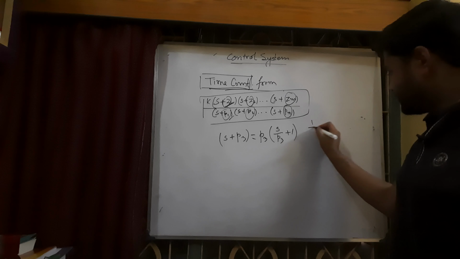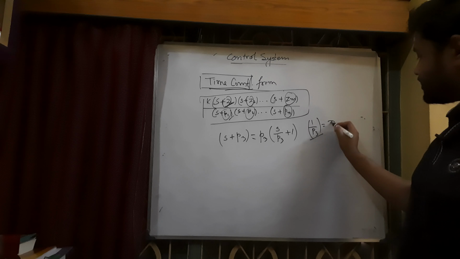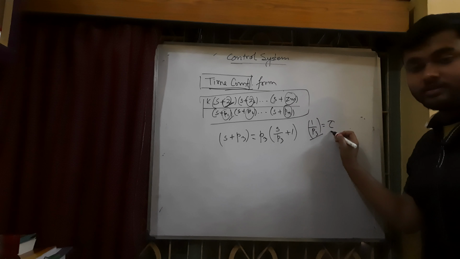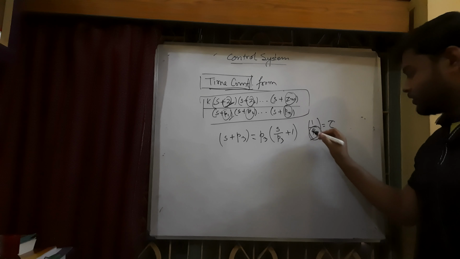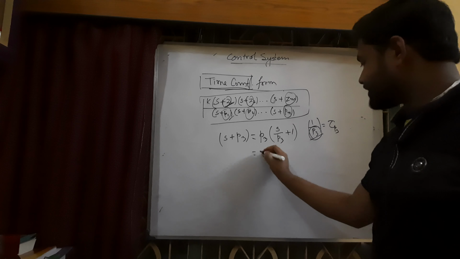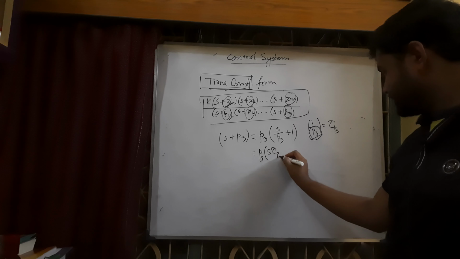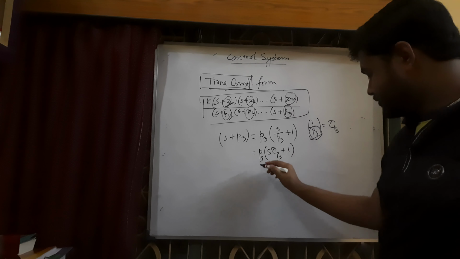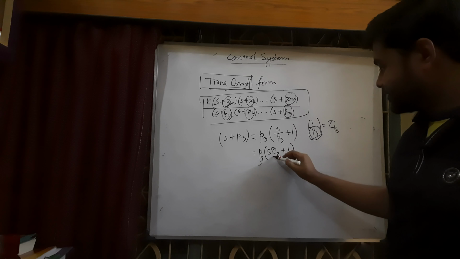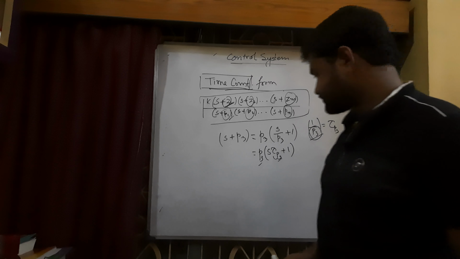Now this 1 by p3 term is called the time constant due to the pole p3. So this can be written as p3 (s tau p3 plus 1), where p3 is the pole and tau p3 is the time constant due to the pole p3.